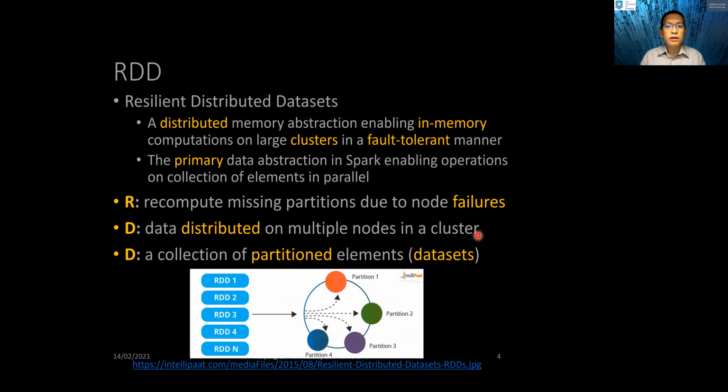And finally, data sets means the data are basically a collection of partitioned elements. So they are data sets. So this is a simple illustration of RDD where the data is partitioned into several partitions, and then they will be distributed to multiple workers.